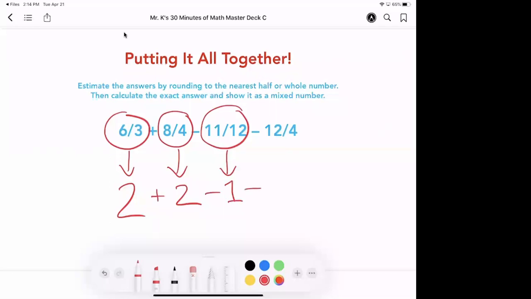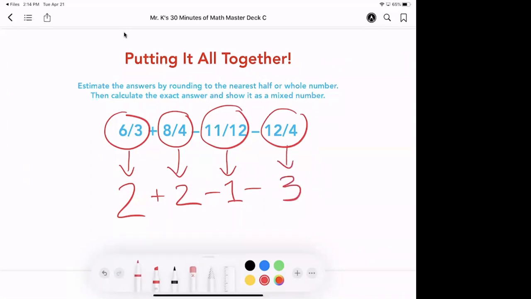And then 12/4. Time for those number bonds again. 4/4, and then another 4/4, that's 8. And then 4 more, that's 12/4. So we have 1, 2, 3 wholes. So we can make this one 3 wholes.